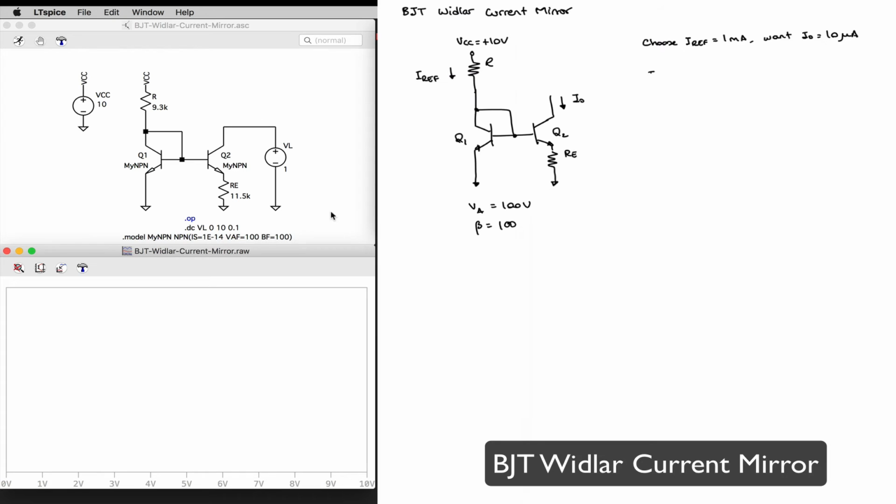My reference current is going to be determined by my R resistor, so it's going to be VCC minus 1 VBE drop across Q1 divided by R, and therefore my R resistor is going to be VCC minus VBE divided by IREF, or 10 minus 0.7 divided by 1 milli, which is 9.3 K.